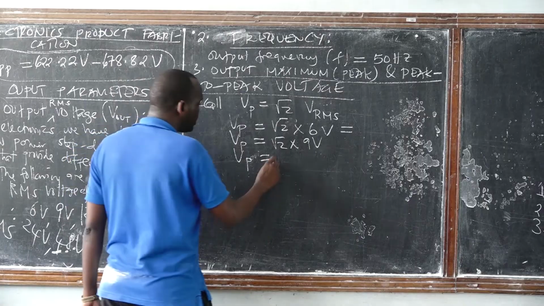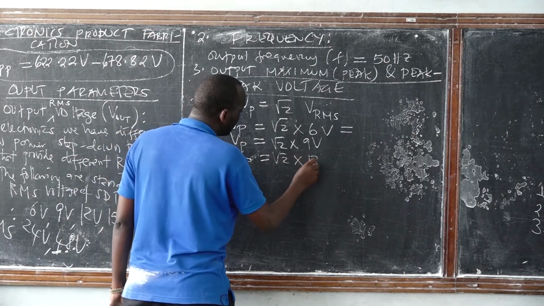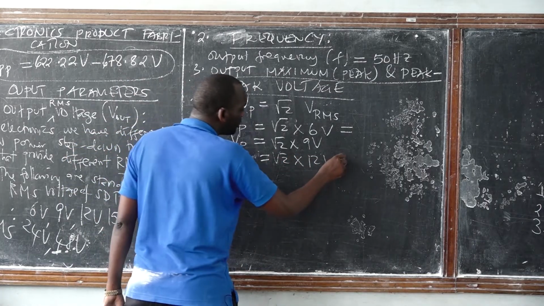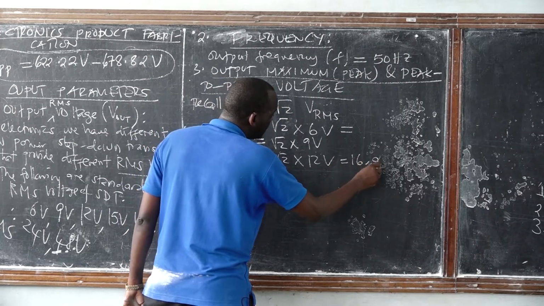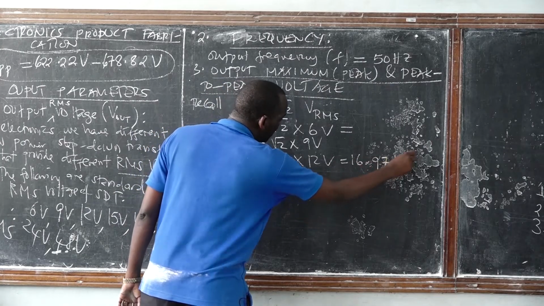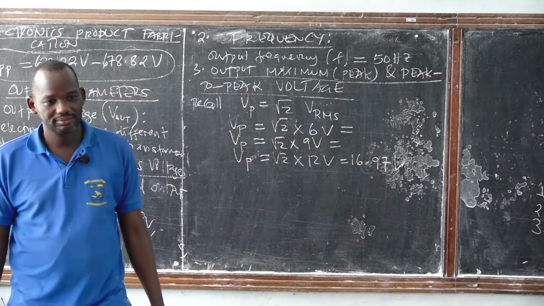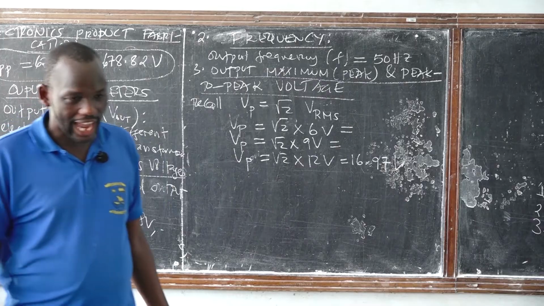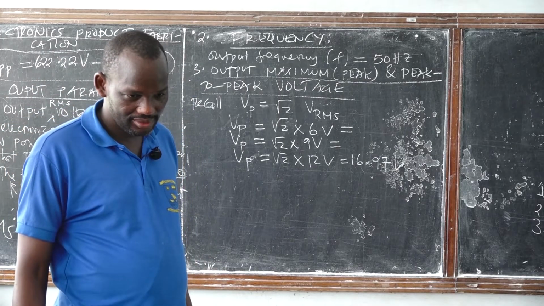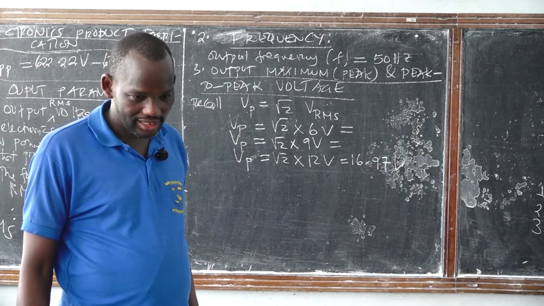If it is 12 volts, it's square root of 2 times 12 volts. What do you get? 16.97. But the rest you don't remember because you did not compute last time. Zuena, 9 times square root of 2. Where's your calculator?